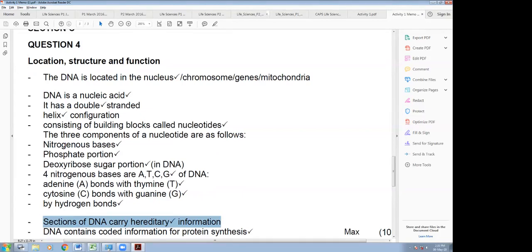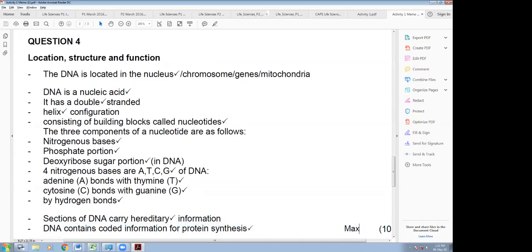Because I think replication was given in the question, if I'm not mistaken, right? So they're saying DNA contains coded information for protein synthesis. So it doesn't do protein synthesis, but it has the entire code for protein synthesis, where we know that during protein synthesis in transcription, it unwinds and the copy of the code is made in the form of mRNA as a complementary code.